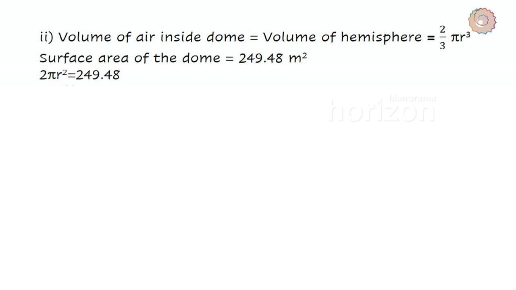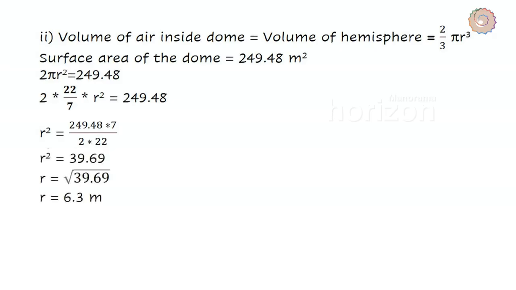Now, let us substitute the values. Substituting the same, we get 2 into 22 divided by 7 into r square, which is equal to 249.48. Solving for r square, we get r square is equal to 249.48 into 7, divided by 2 into 22. Therefore, r is equal to 6.3 meter.